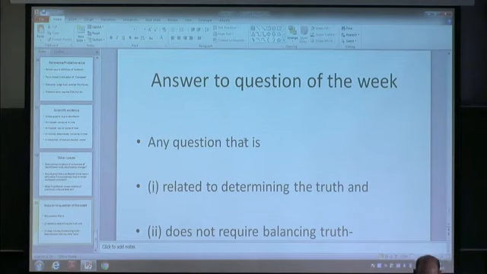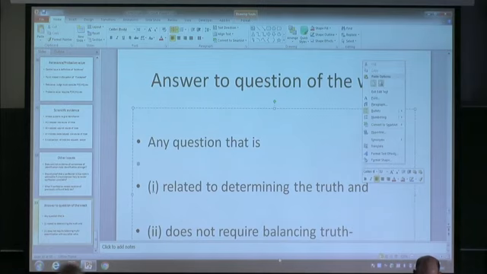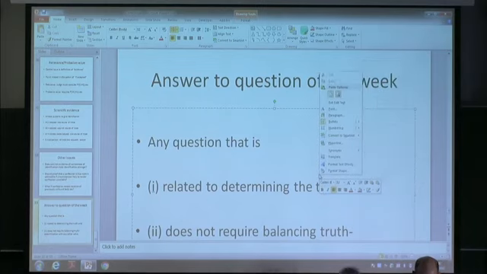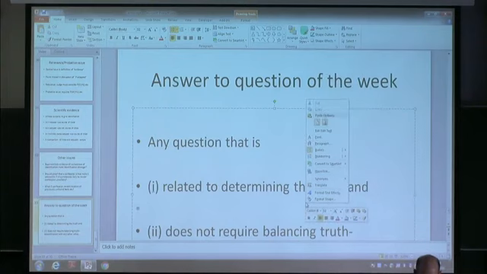No, what I'm saying is that once we've determined the truth, we may have to balance truth finding against some other value, like the exclusion of illegally obtained evidence to protect rights and so forth. So if you brought the probabilistic truth analysis, obtained by torture, that's a different question. That's not an issue that probabilistic analysis casts any light on. Okay.